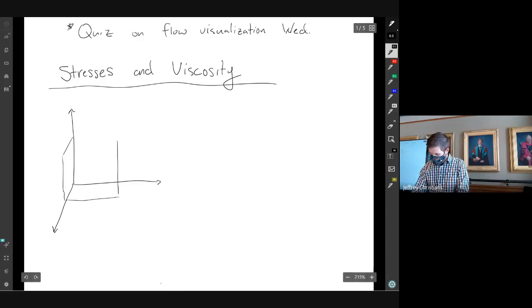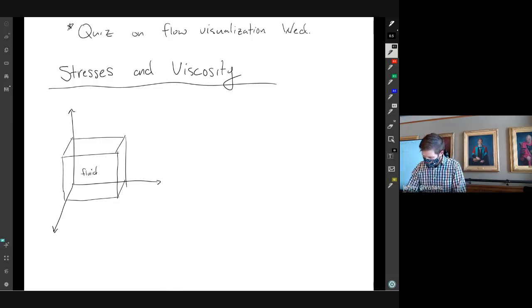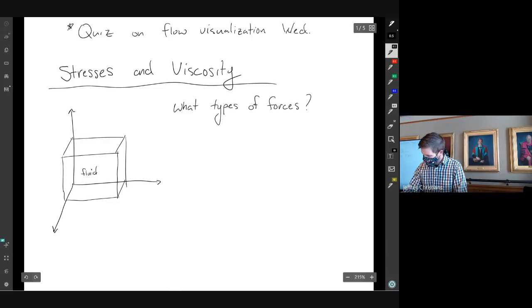Right, not a good cube. Something like this. So this is our fluid. What types of forces would be acting on this fluid?